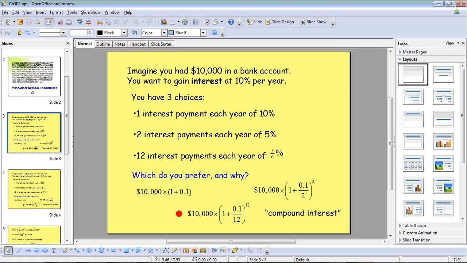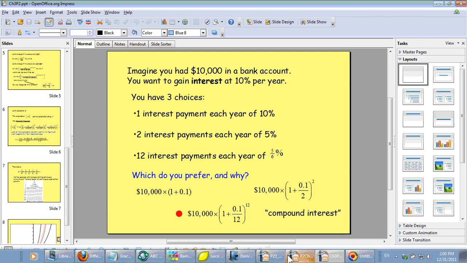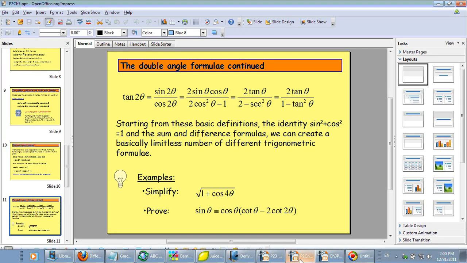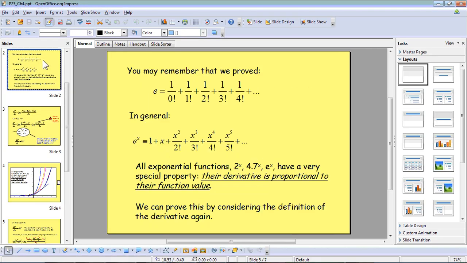Whoops, I think I've just jumped out of the presentation there, sorry. You get this very intriguing formula. Oh, that's right, it's in the other presentation, that's my mistake. It must be in this one.